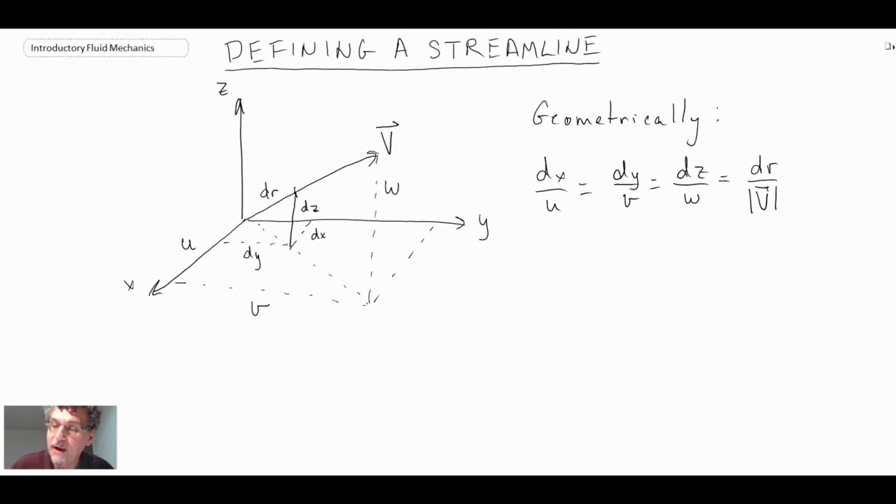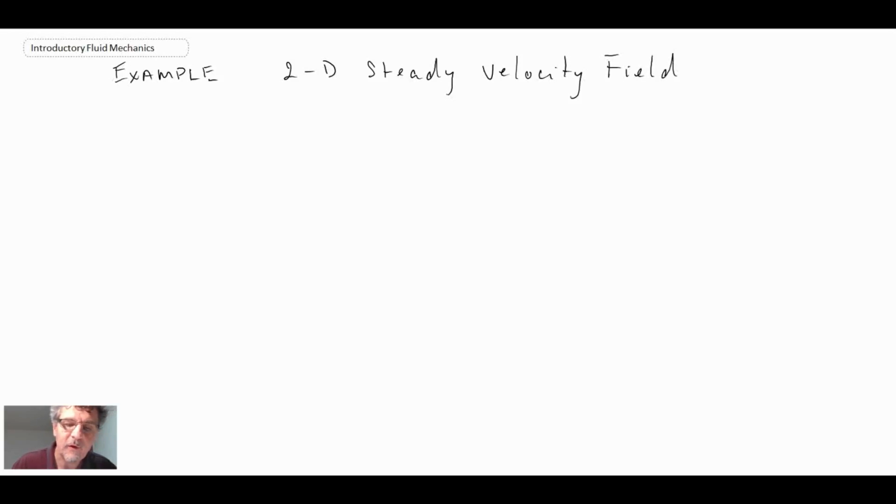Next, we're going to take a look at an example of solving for the equation of a streamline. Let's assume that we have a two-dimensional steady velocity field, and that the representation for the velocity is given to us in terms of an equation.